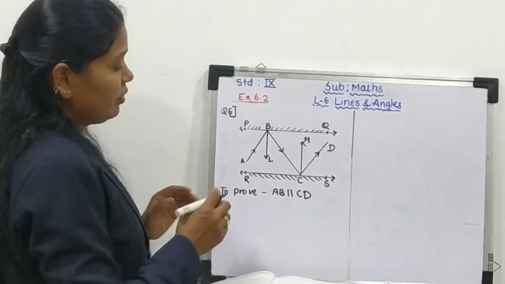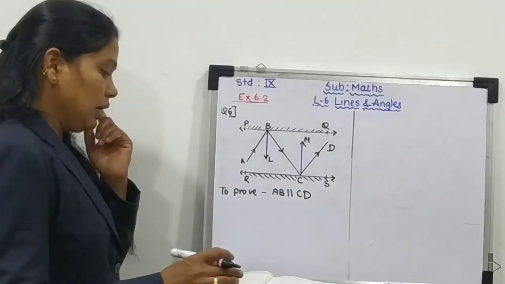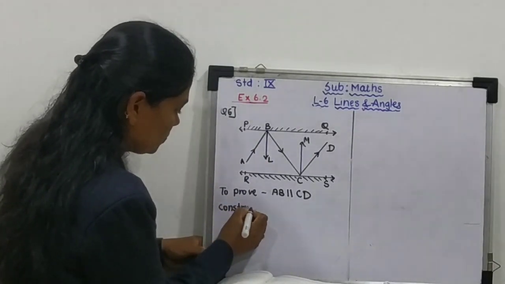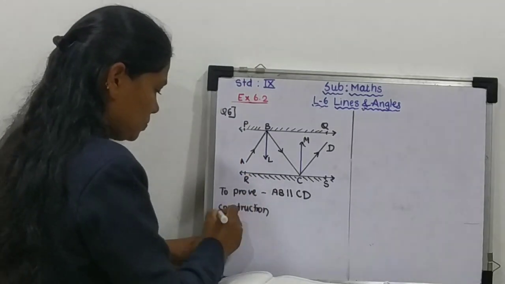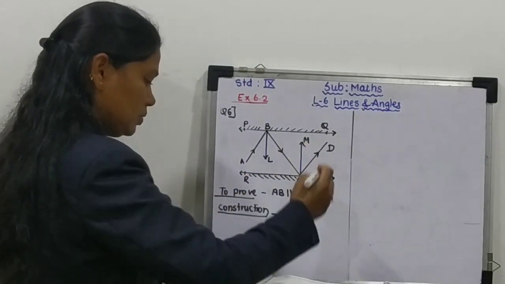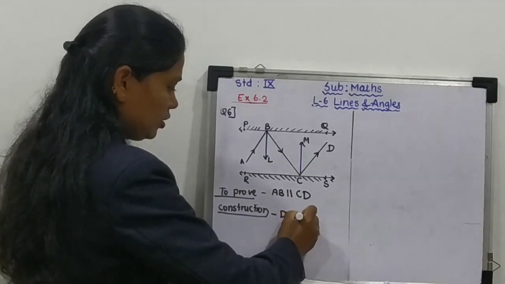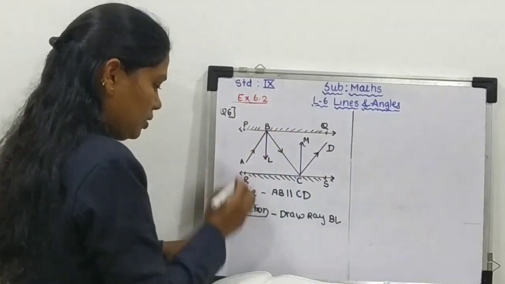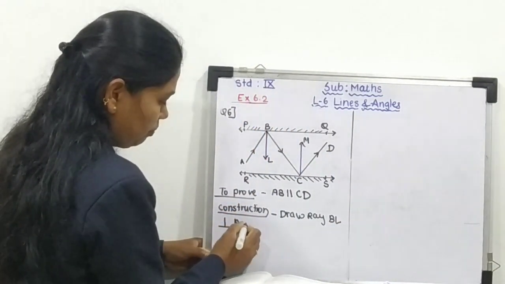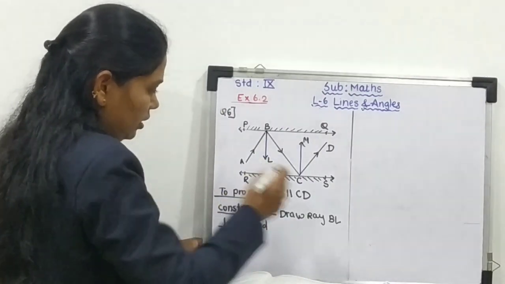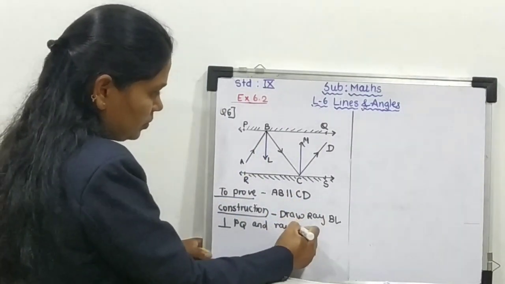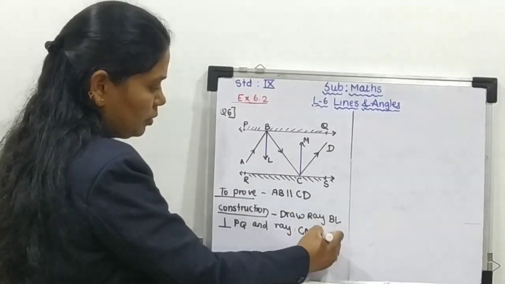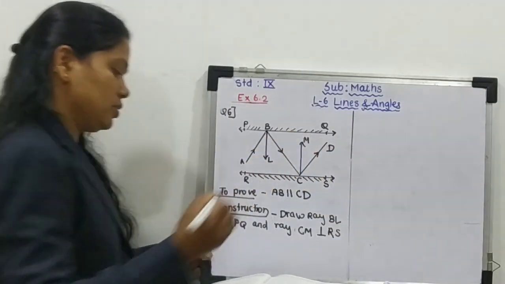Now, construction: draw ray BL perpendicular to PQ and ray CM perpendicular to RS. Got it?